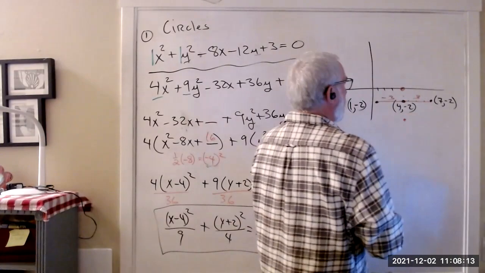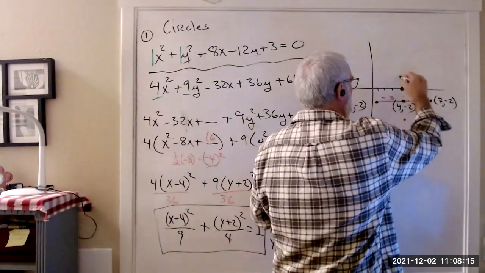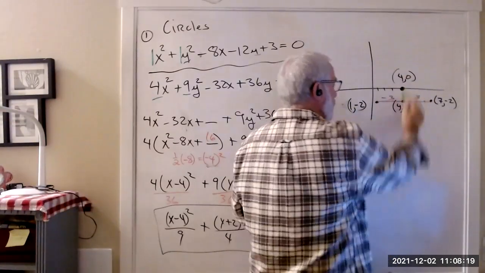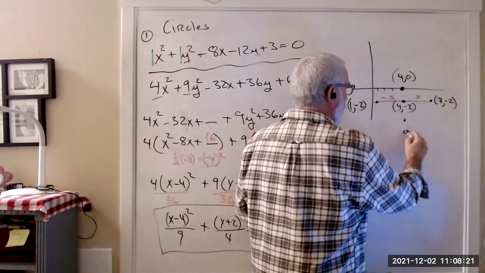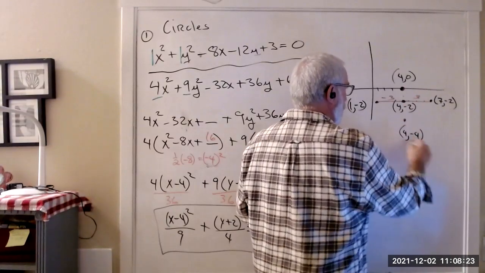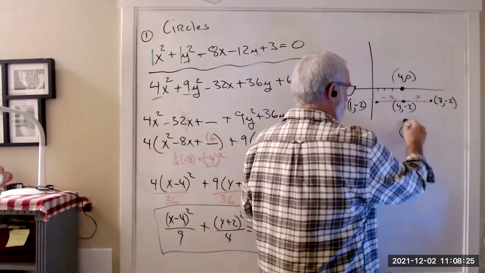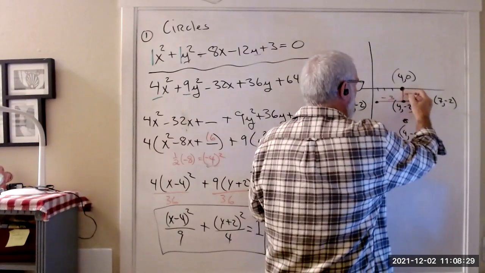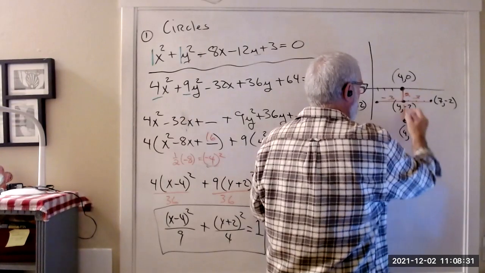If I go up 2, I'll be at 4 comma 0. If I go down 2, I'll be at 4 comma -4. Again, I'm going up and down 2. Oops, 2, -2.